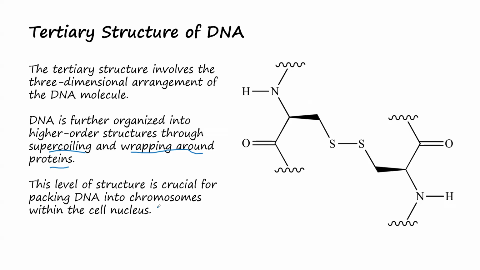So that is why in tertiary structure, the DNA is supercoiled and wrapped around the proteins, which makes it very tiny and very small, and then it fits into the chromosomes within the nucleus. So the tertiary structure is due to supercoiling and wrapping around proteins.